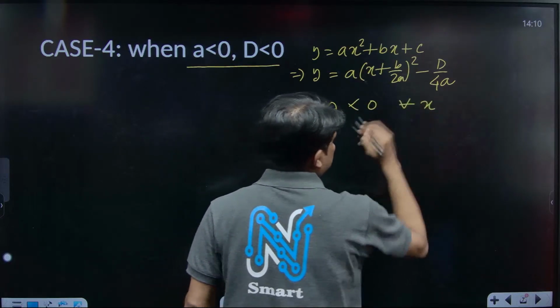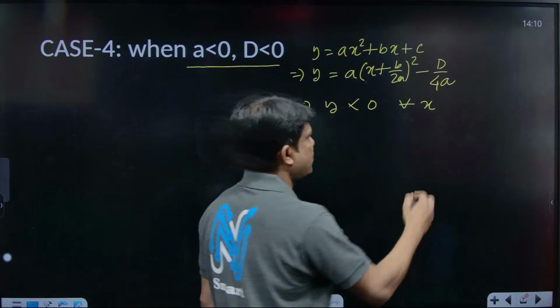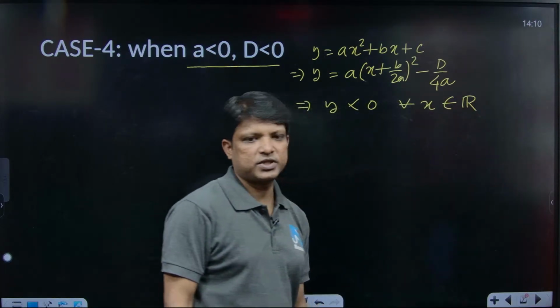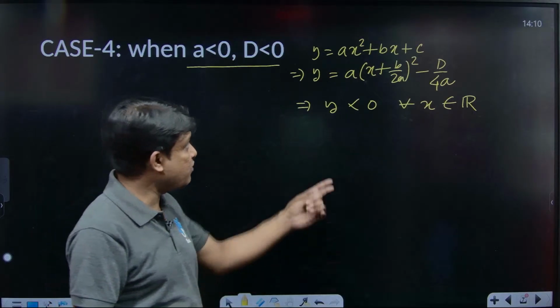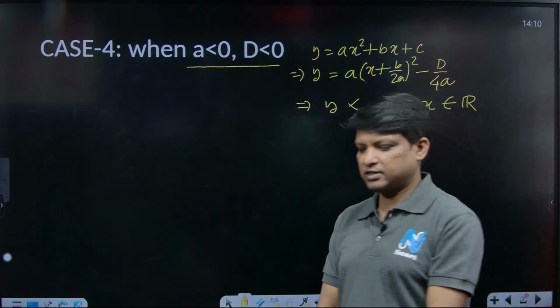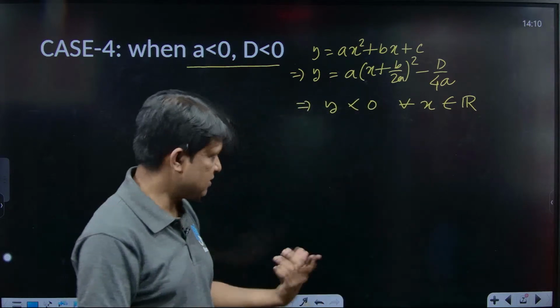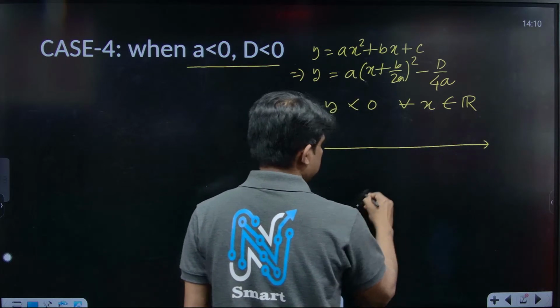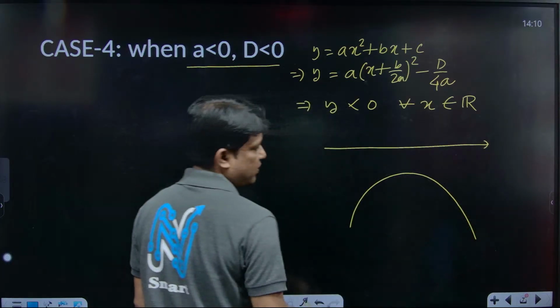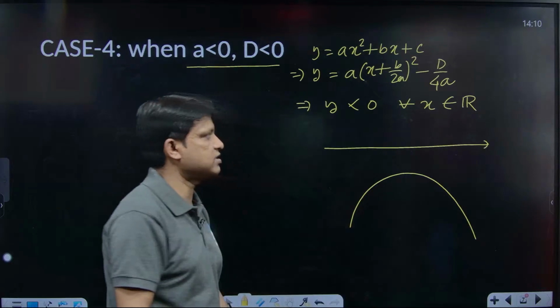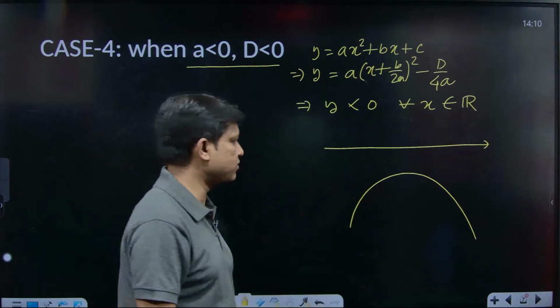If we put x as any real number, y is always negative. Now we know this is the parabola form, but it is always negative, that means a downward parabola. This is the x axis, and this is a downward parabola; for any real x the function gives always a negative value.